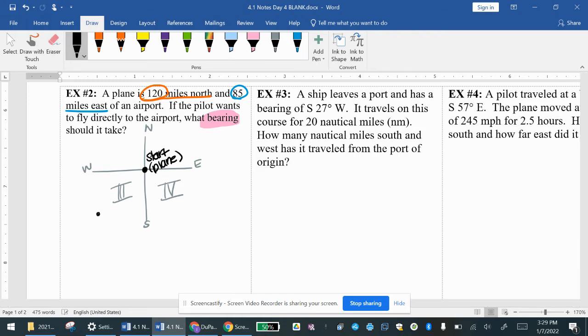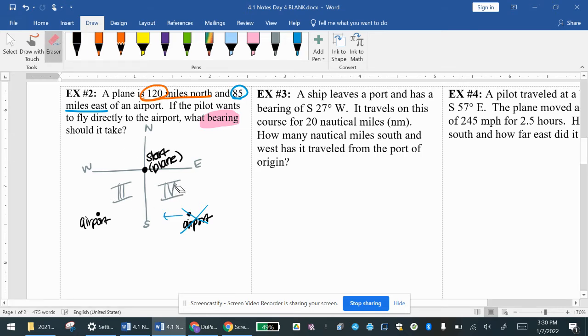Let's say I put the airport over here. Does it belong there or here? Which quadrant does it belong to? Well, it can't be here because then the plane would be west of the airport, right? And they said that the plane is east of the airport. So out of these two quadrants, the correct one is 3.